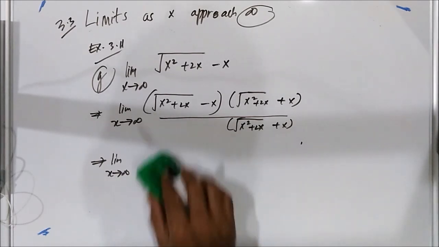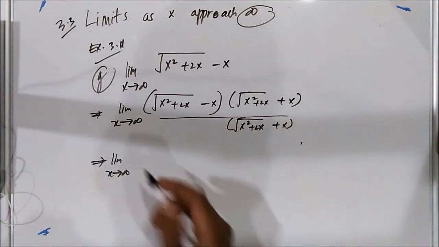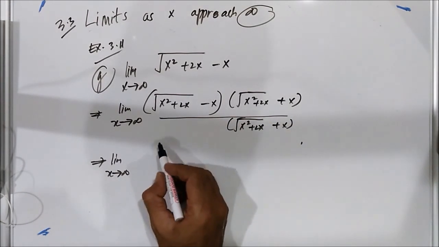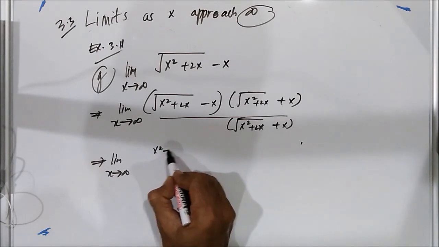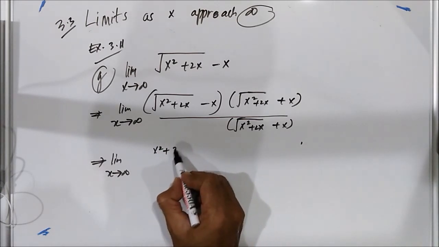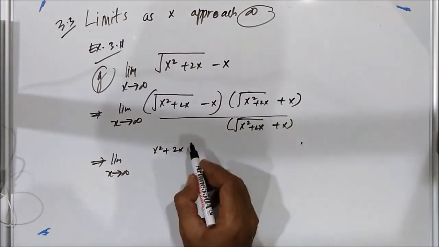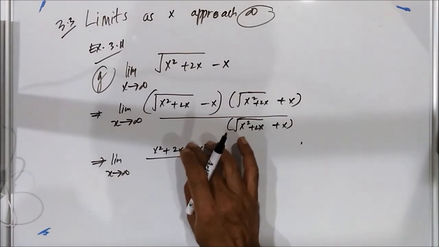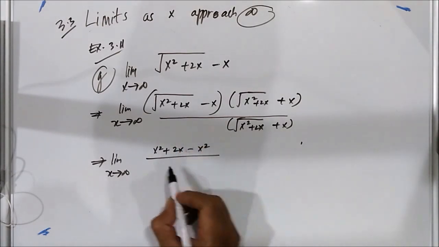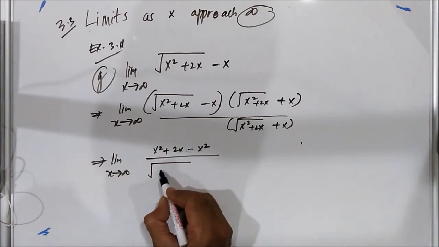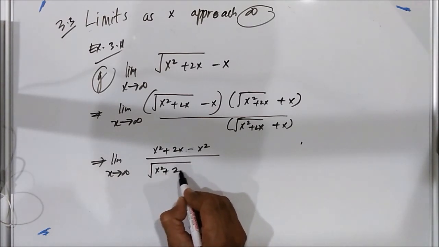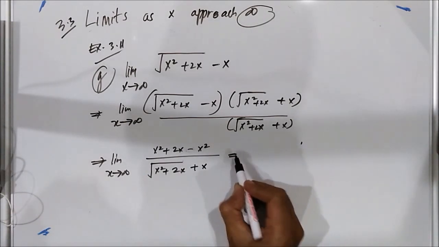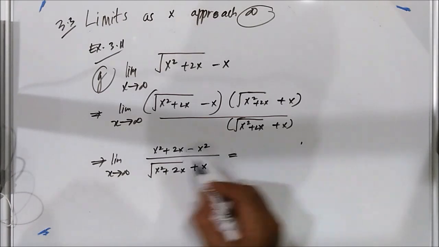Now, our function here is the square root of x squared plus 2x, minus x. Multiply by the conjugate: negative and positive cancel, x squared minus x squared is 0.